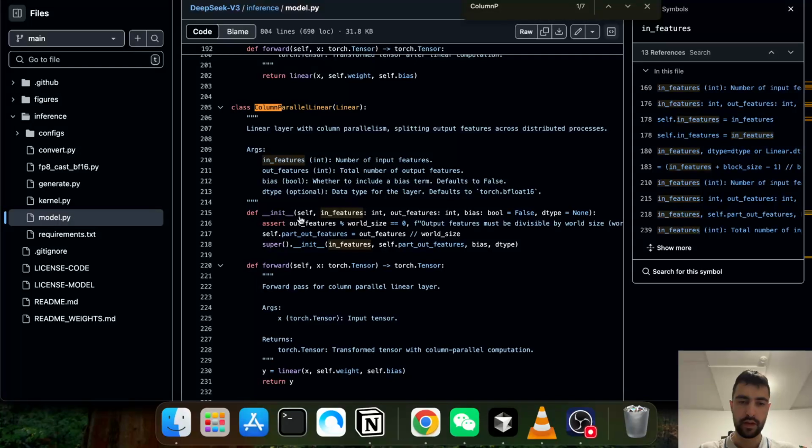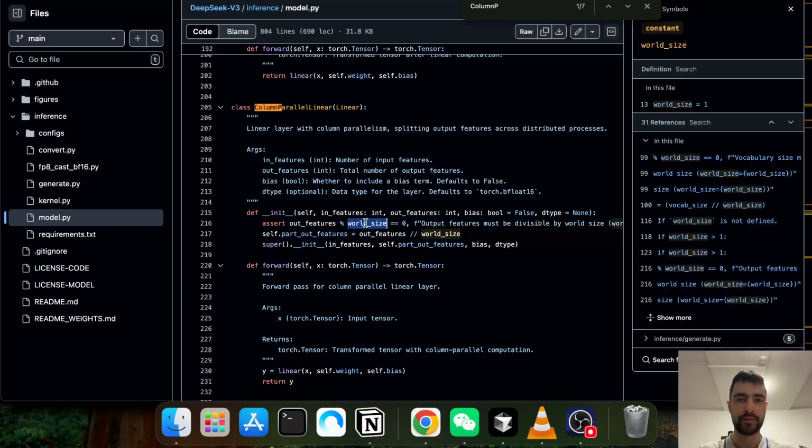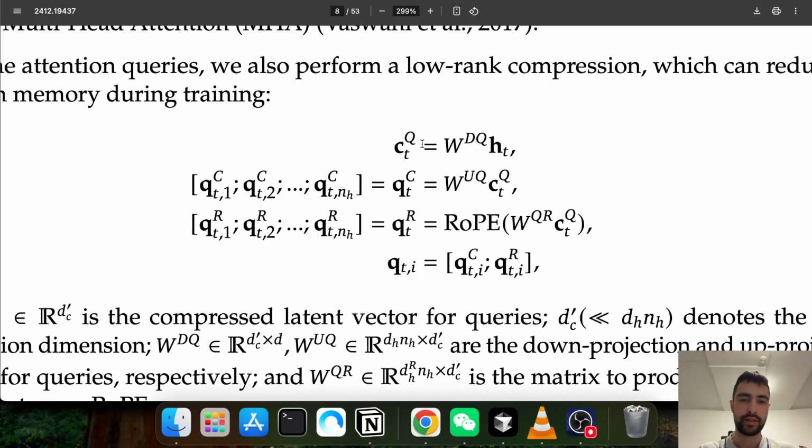First we will check that the number of output features is divisible by the number of GPUs, because we want to take the calculation of this output and split it evenly across the number of GPUs.